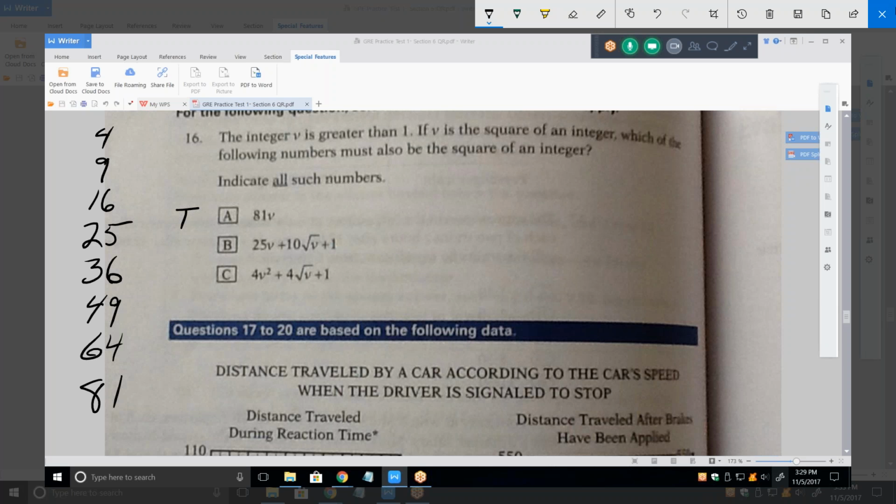Almost the only way to really look at these is to try some numbers. So B doesn't look like it would be correct, right? There's nothing magical looking about B that would indicate to me that that's a perfect square number, but let's try some numbers. Let's try small numbers. Let's try 4 for V. Well, if I try 4 for V, I get this.